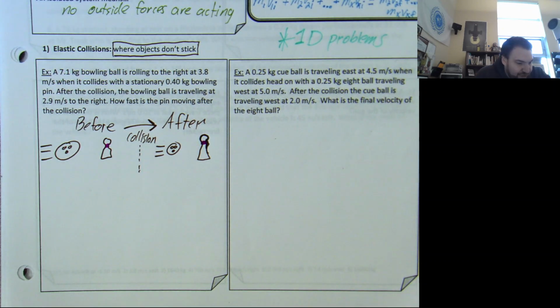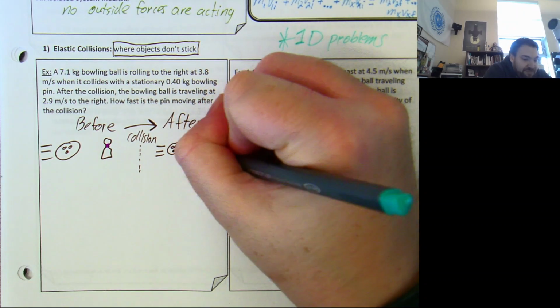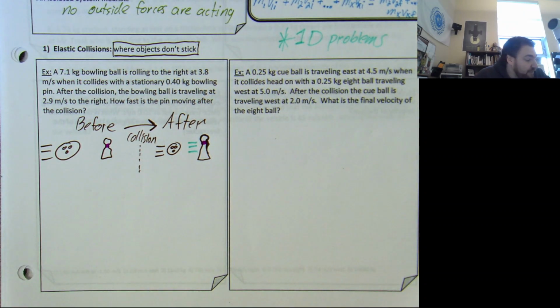We don't necessarily know which way the pin is moving, but you can make some assumptions. What's the only direction that makes sense for this pin to move? To the right, to the right as well. So let's toss some speed lines in there. And now we're going to go see if we're right.